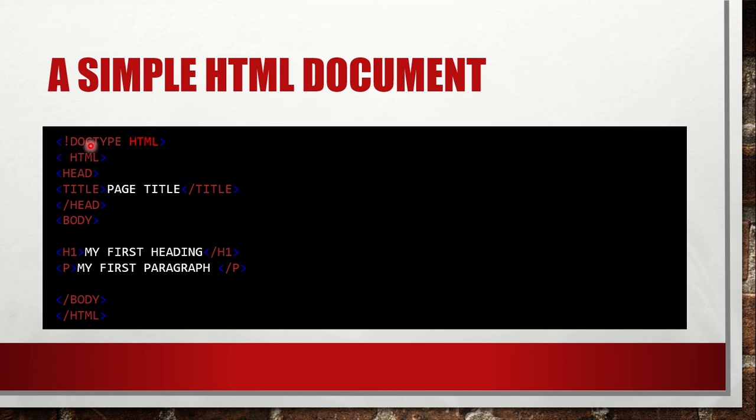So this doctype is telling us that the document type is HTML. So what this actually does is just to tell the browser that this file that is being displayed here is an HTML5 document.